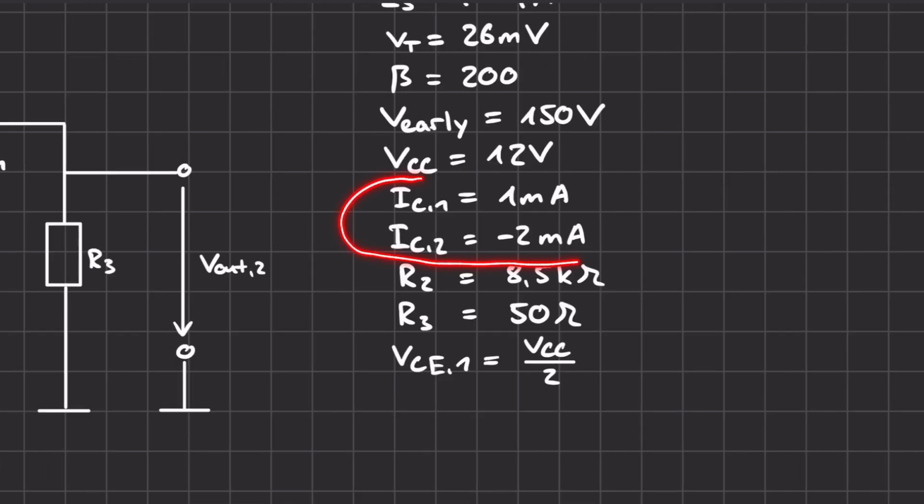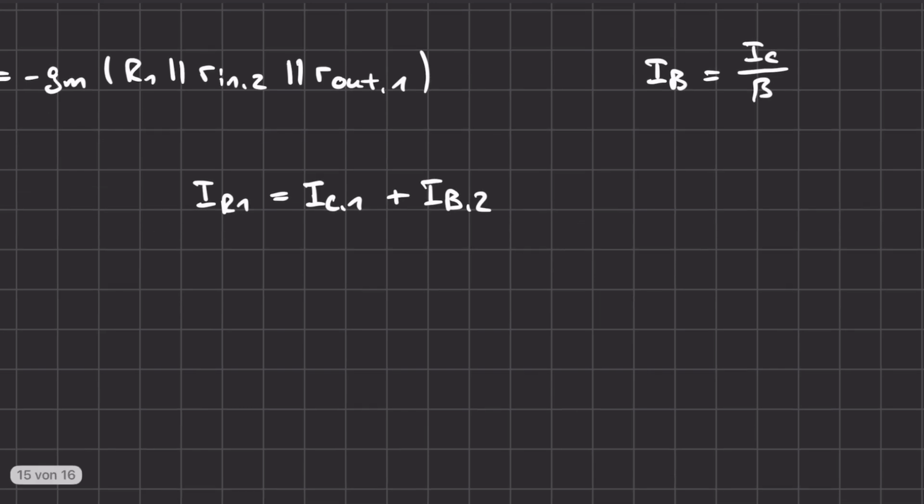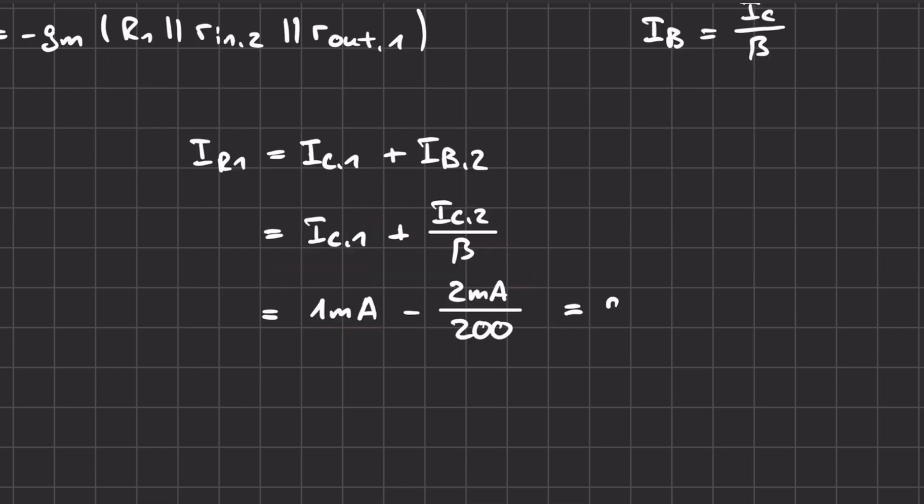The collector currents of both transistors are already given. As we know, the base current is just the collector current divided by the current gain. So we get this equation for the current over the resistor 1, and all these parameters are given, so we can put it into the calculator. So we get 99 microamperes.